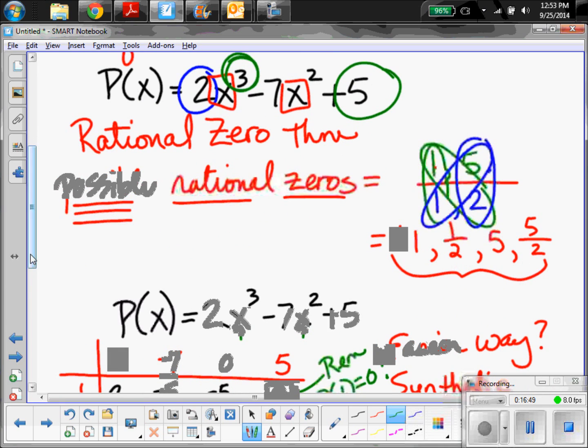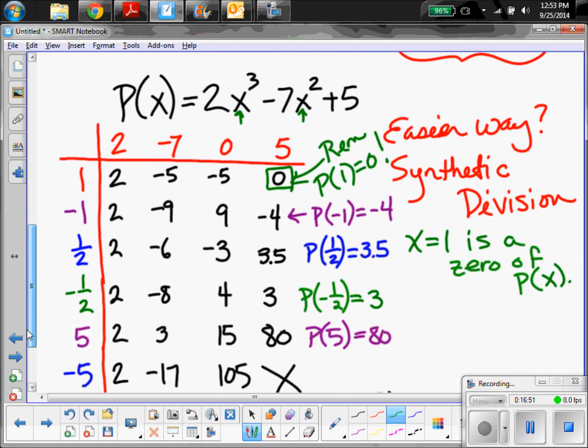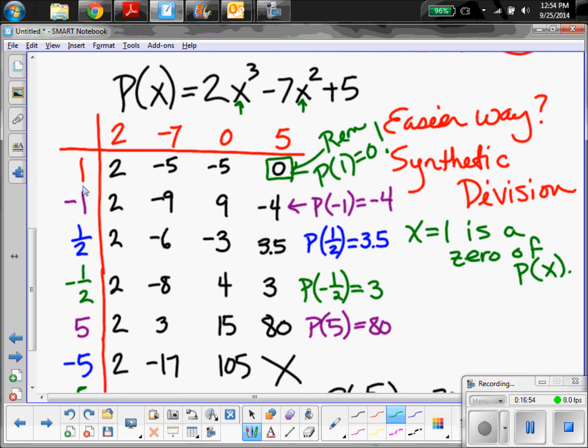I have found that 1 is a 0 of the function. So the other 2 zeros are kind of hidden right now. We'll have a way of finding that, next week or in the coming days. But I know that 1 is a 0 because I'm getting 0 in the remainder in synthetic division.